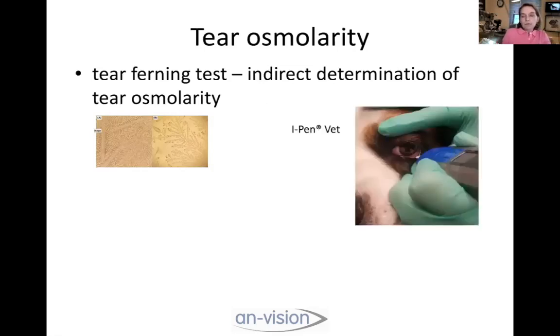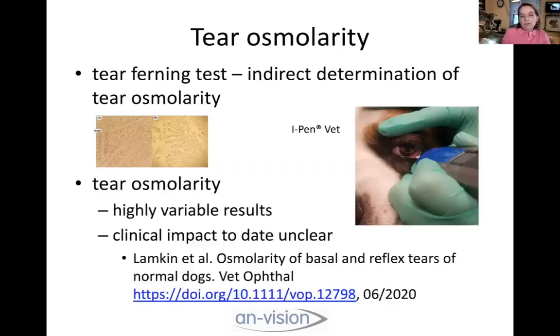And there are also devices that you can use, and you can measure the osmolarity. However, this new publication of Lamkin again states that there are highly variable results, and the clinical impact to date is unclear. So that's, I think, not something that you can use at this point.